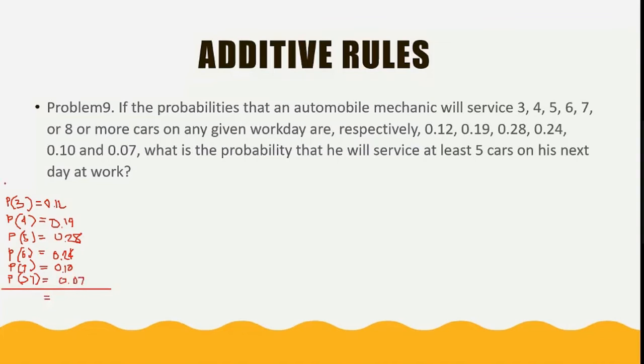Now let's sum them up. The probability of all of these: 0.12 plus 0.19 is 0.31, plus 0.28 is 0.59, and continuing, the total is 1.0. Therefore, this is the union of all of these, so I will denote it S, since it has a probability equal to 1.